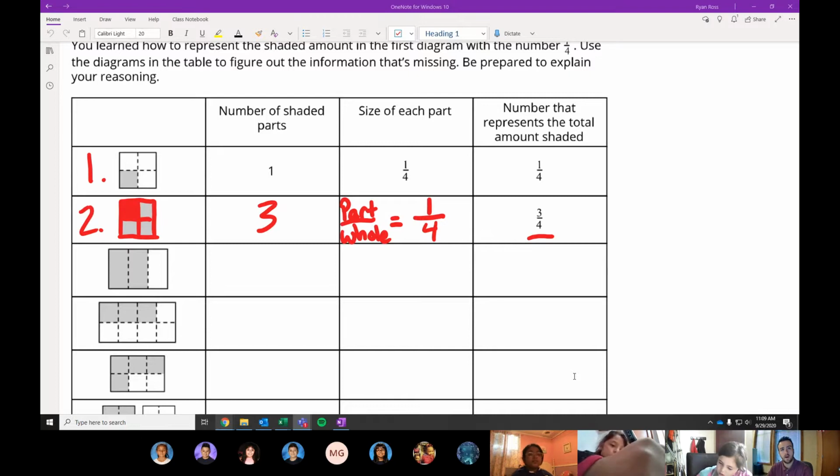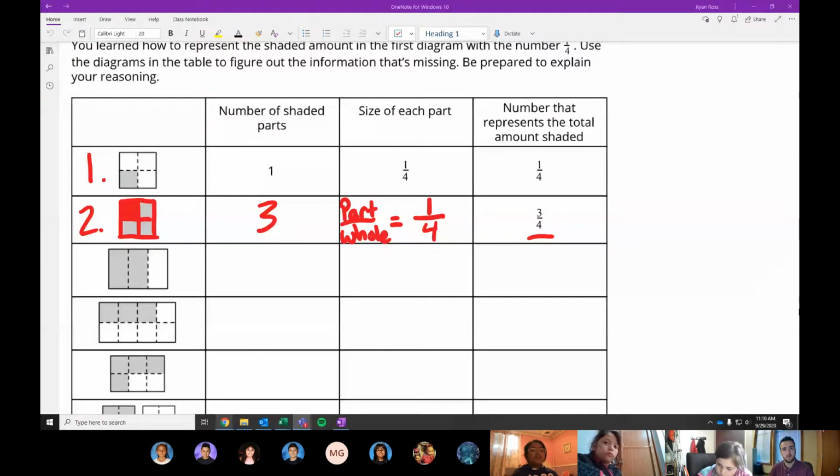Okay, very good. Now, how did we go? This is open to everyone. Thank you, Sarah. How did we go from 3 shaded parts, 1/4 is the size of each part, to 3/4 as the total shaded? How did we work from one column to the next to get our answer? Camila? We got 1/4 because one was shaded.